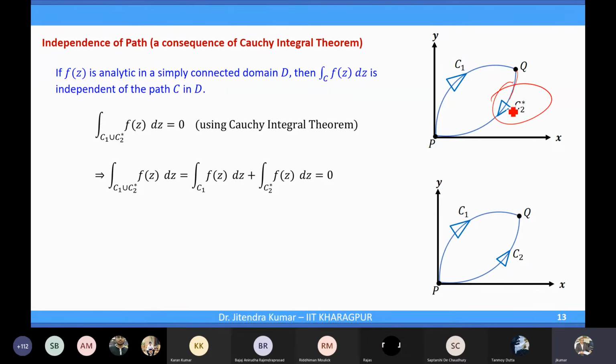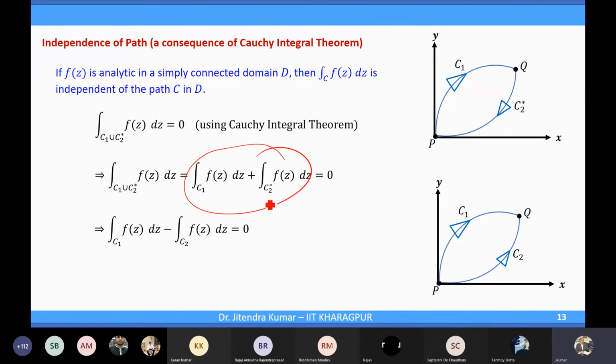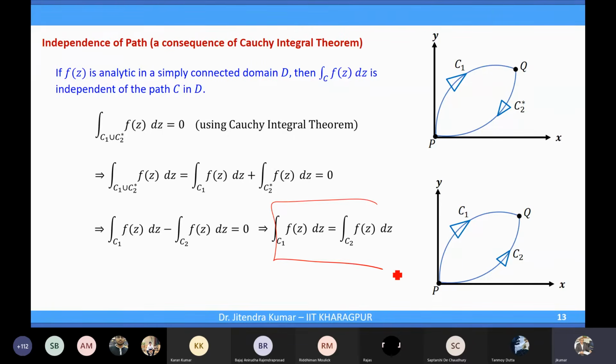Here C2 star was going in the direction Q to P, now C2 goes P to Q. So the second integral will be minus over C2, because I changed the direction of C2 star. And this result says that the integral over C1 is equal to the integral over C2.